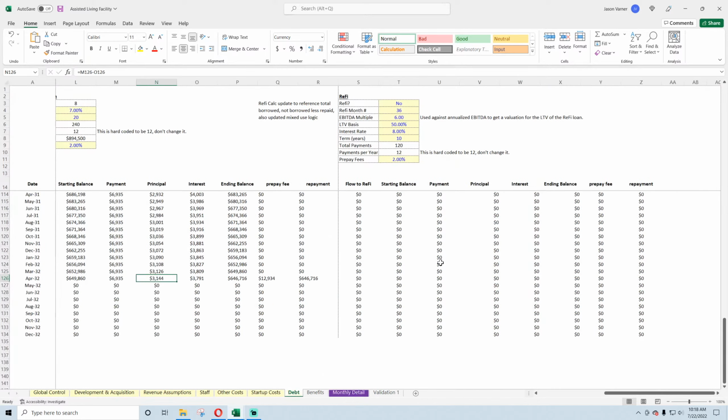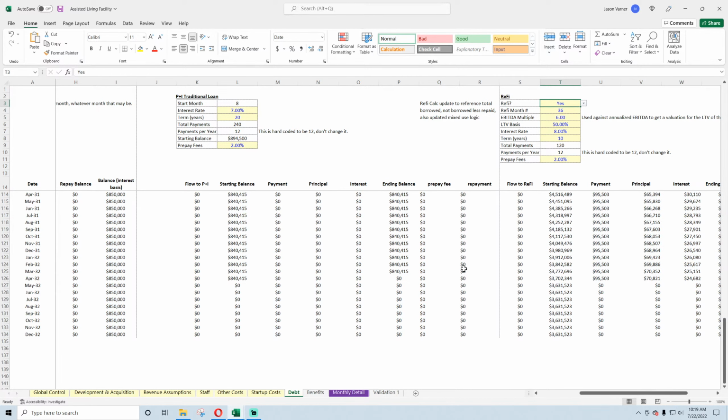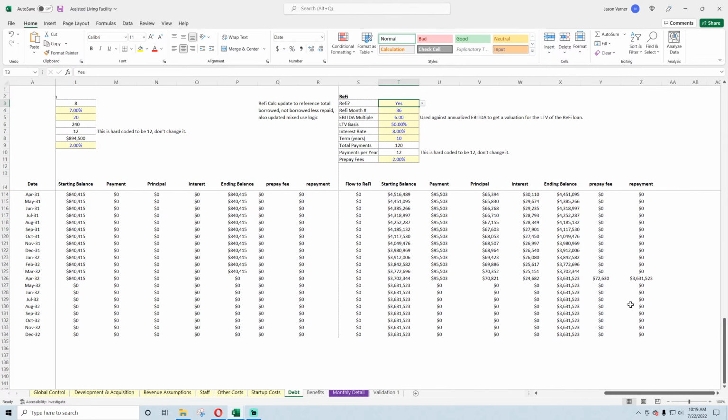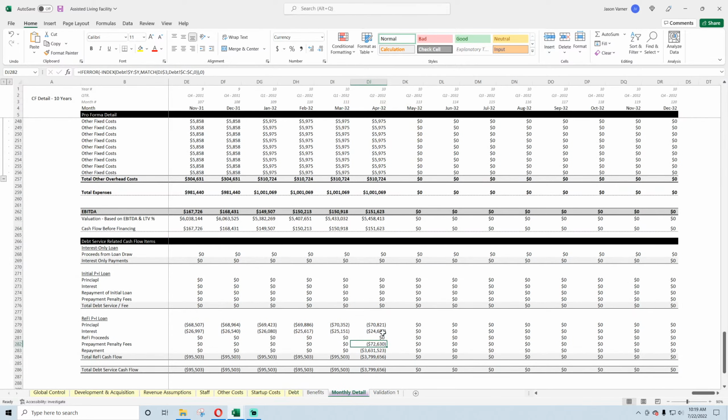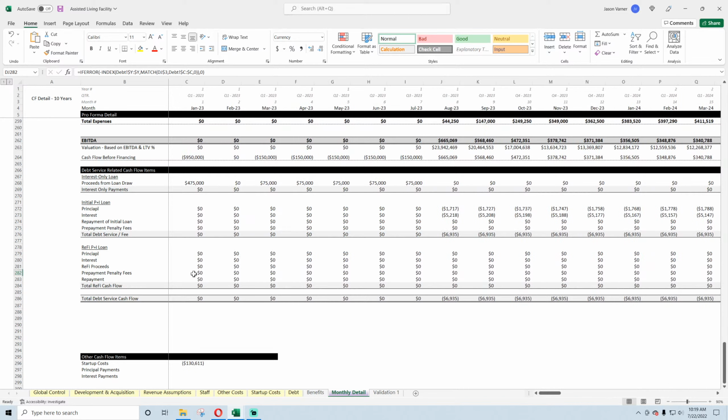Now let's do the refi. So let's say there is a refi happening. We've got the refi now happening here. And I believe we can do the same exact formula. And yeah, so that wasn't too bad actually.